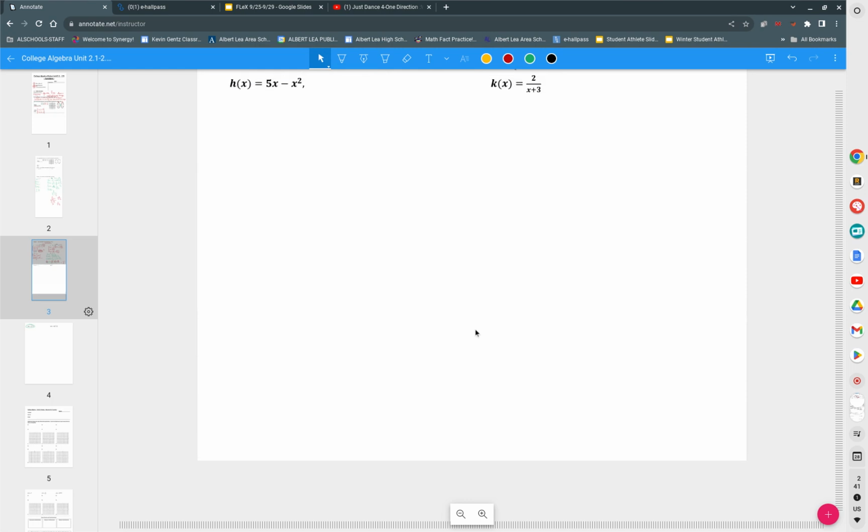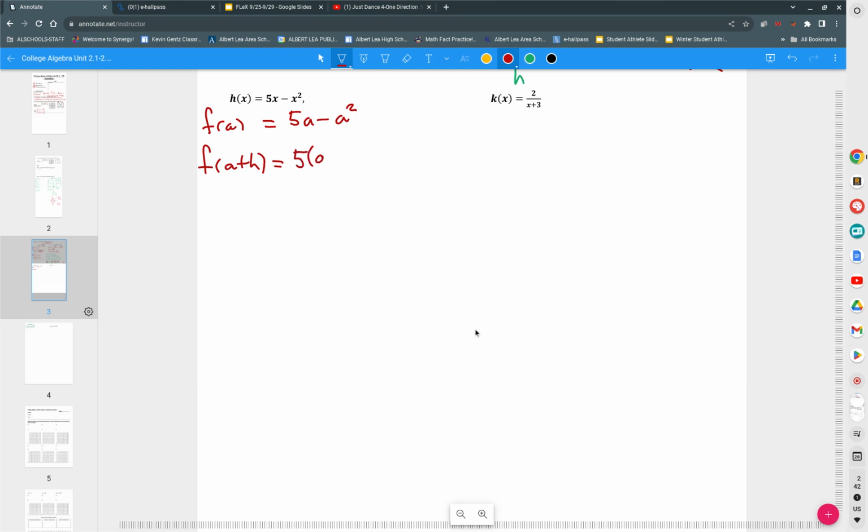The last example, a little bit more involved. We'll finish with this one today. We won't do the next one. We have f of a and f of a plus h. F of a, we plug in a, I get 5a minus a squared. And for a plus h, I get 5 times the quantity a plus h, minus a plus h, quantity squared.